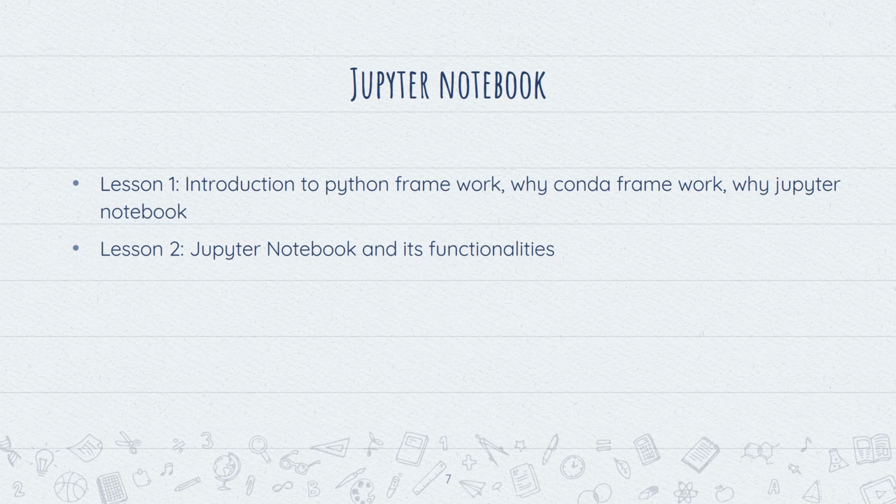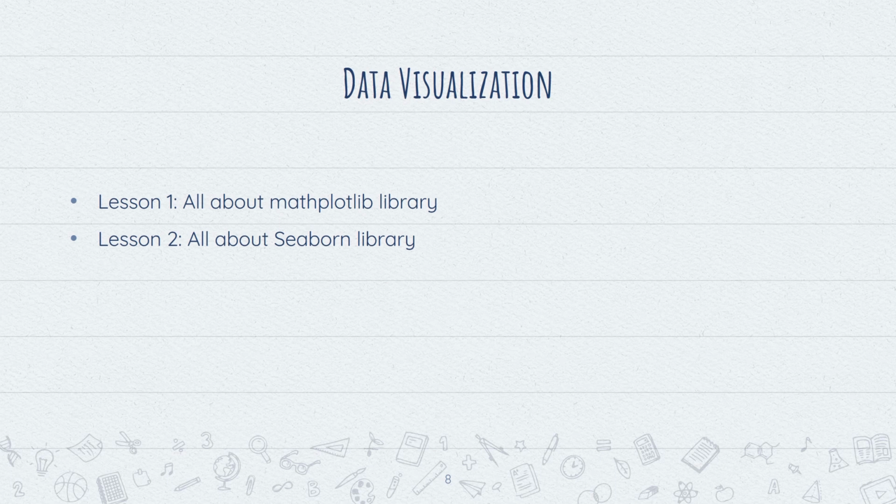In lesson 2, we'll discuss the functionalities and why Jupyter Notebook is useful for us. The next module that we'll be learning is data visualization, in which we'll learn about two libraries, that is Matplotlib and Seaborn, which are basically used for almost all plotting graphs that's there throughout the Python machine learning programs. We will discuss that in 2 lessons.